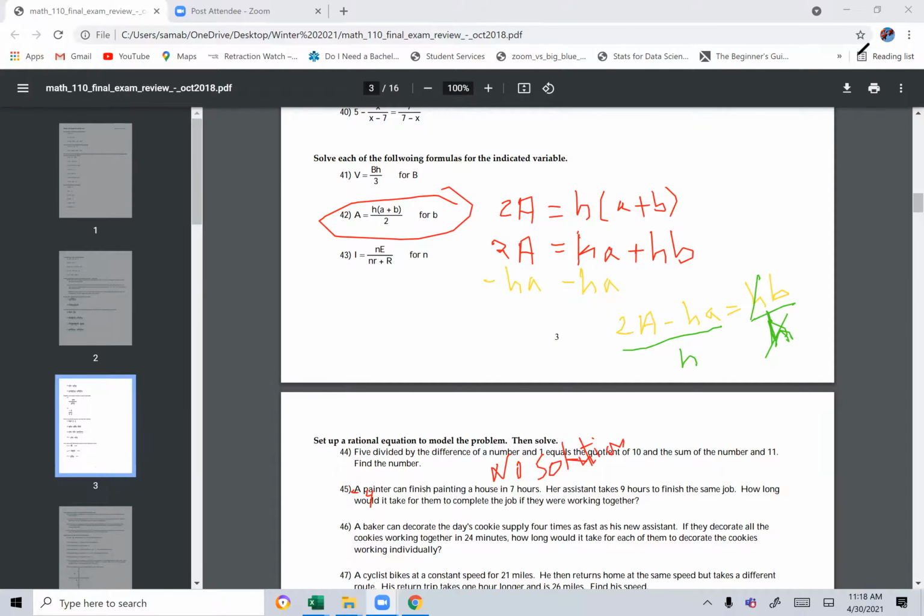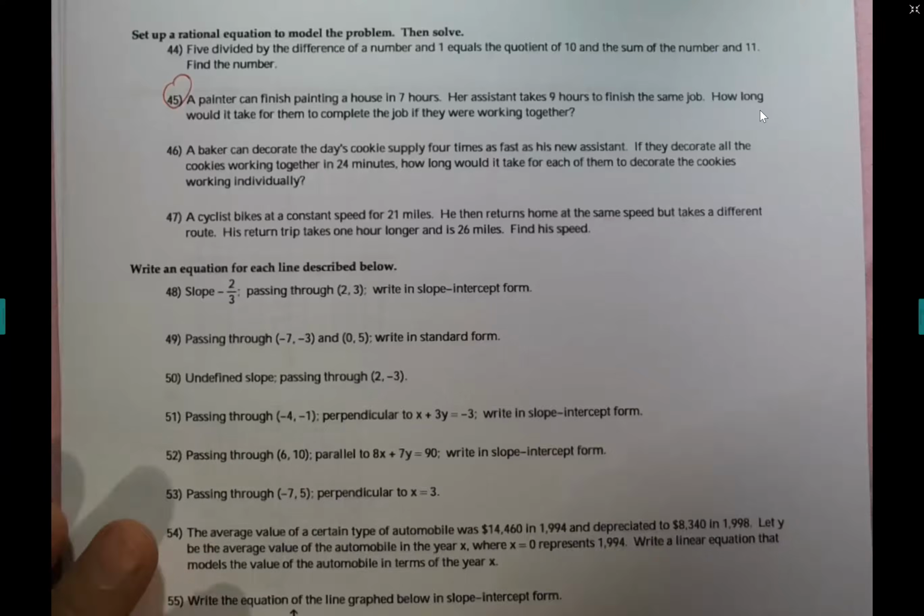Okay. As well, so 45. A painter can finish painting a house in 7 hours. Her assistant takes 9 hours to finish the same job. How long would it take for them to complete the job if they work together?